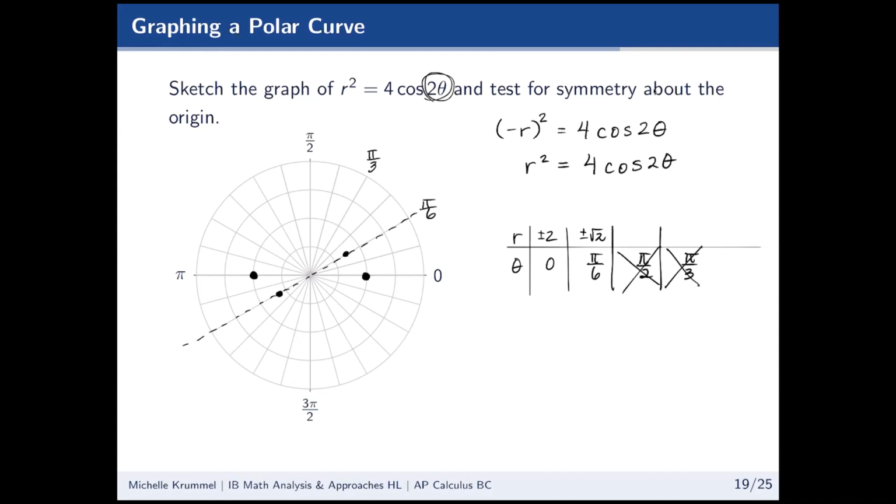Okay, maybe we'll have better luck with pi over 4. Pi over 4 times 2 is pi over 2. The cosine of pi over 2 is 0. Aha. So that's where we're crossing over into negative values. 0 times 4 is 0, r squared equals 0. So we're back at the origin there.